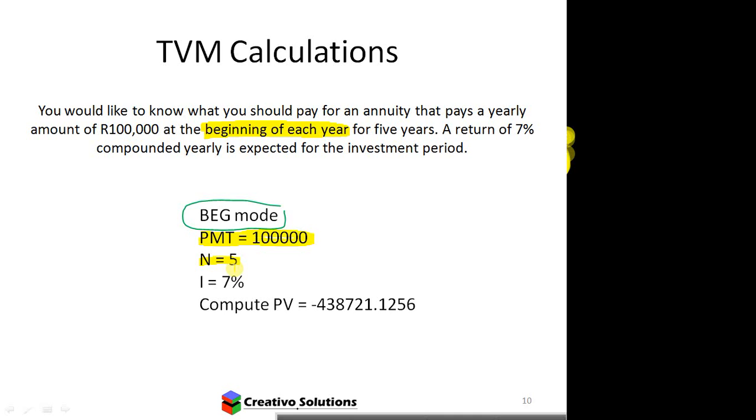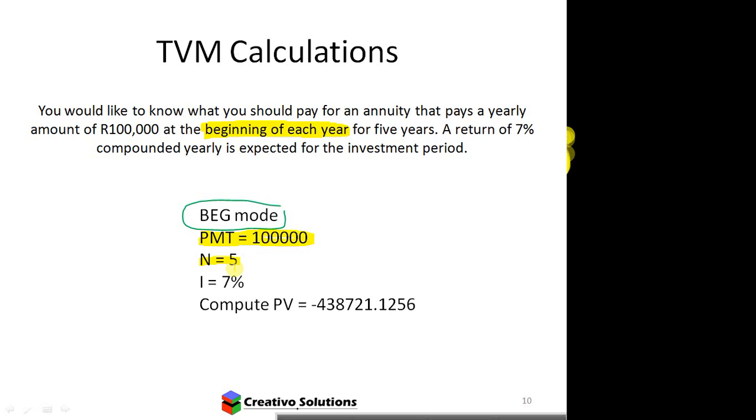So what is that representing? That's what the annuity is worth today. If I had to buy this annuity, I would spend 438,721, and that amount of capital is going to provide 100,000 for the next 5 years.